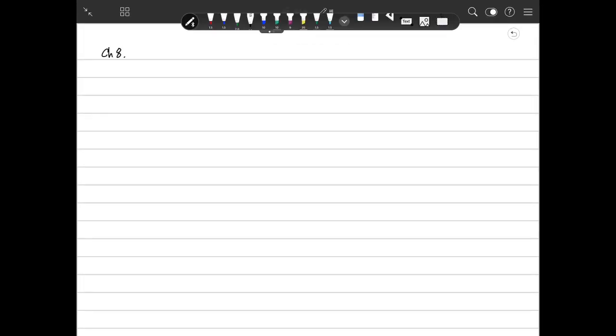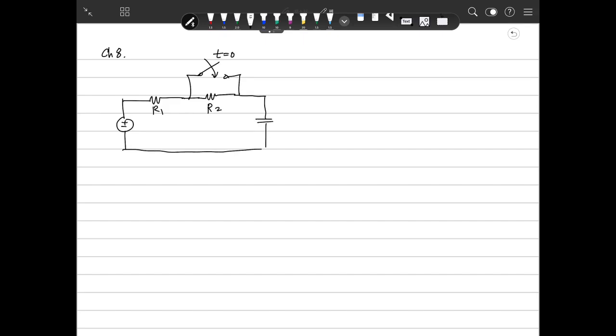So the circuit looks like here. Plus, minus, R1 and R2, and there's a switch here. When t is 0, the switch is closed, and the capacitor. This is Vt, the output voltage over here. We want to know that voltage.